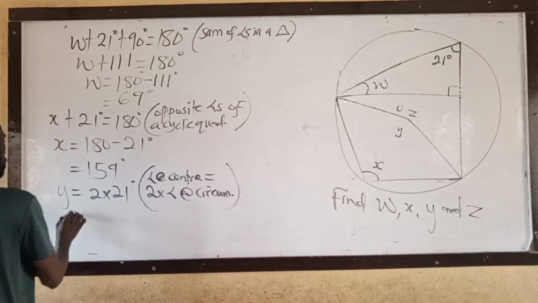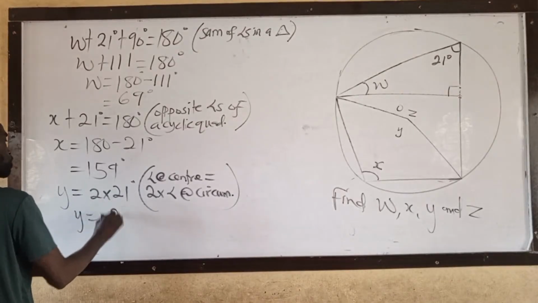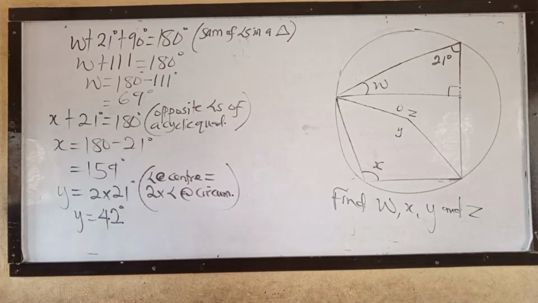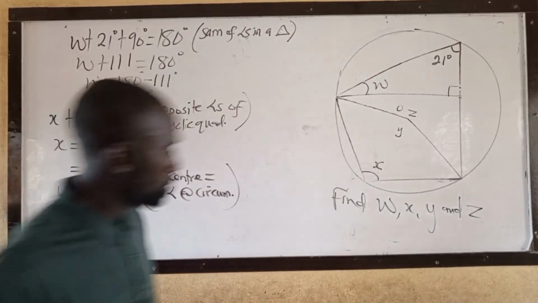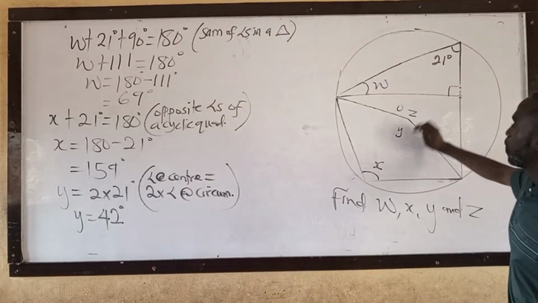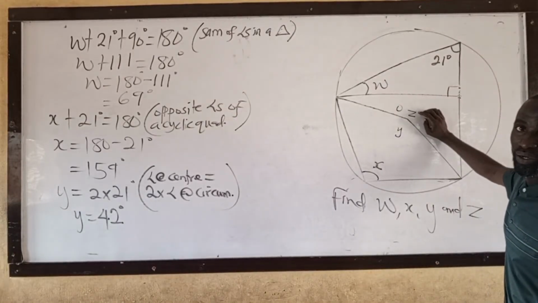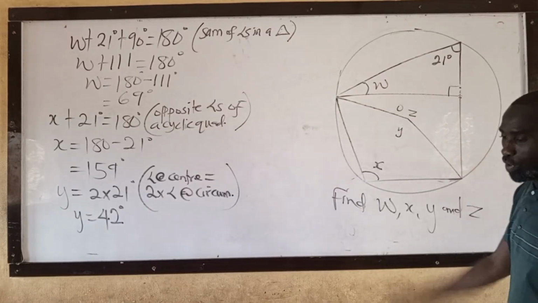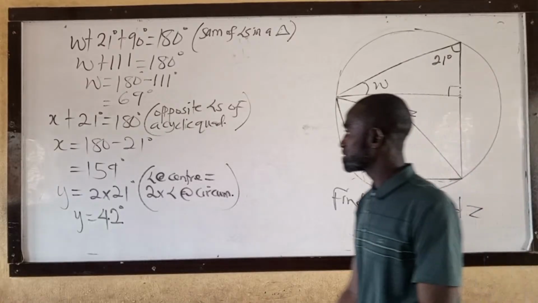So Y equals 2 times 21, 42 degrees. Y equals 42 degrees. Y and Z. What is the relation between Y and Z? Angles at the point.